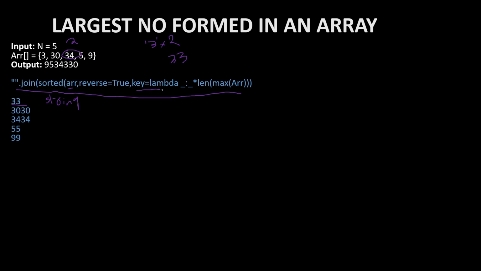What key equal to lambda into length of max array is saying is, we're taking a single value from the array. The left side represents input and the right side represents the output value, and it will be a temporary comparison only, compared inside the lambda function itself.